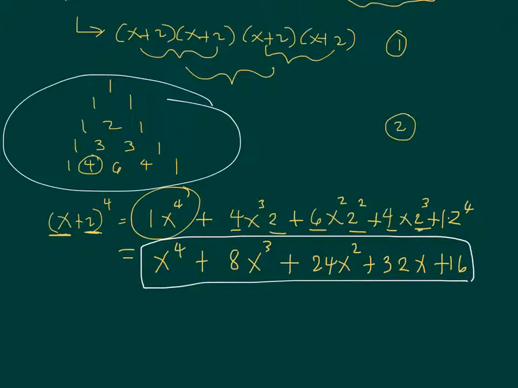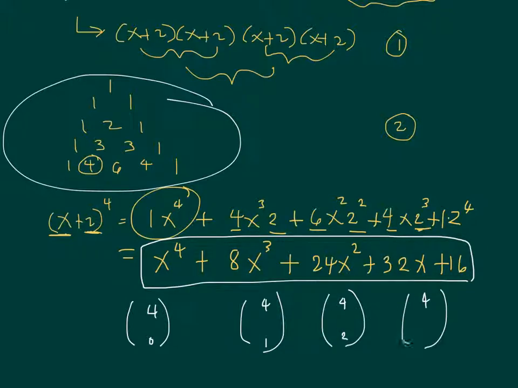So we have 4 choose 0, and then 4 choose 1, 4 choose 2, 4 choose 3, until you get 4 choose 4, and it will be the same thing. You work with x to the 4, x cubed, x squared, x and no x, same idea. The only difference is how you get these numbers. And then basically the next steps will be the same.